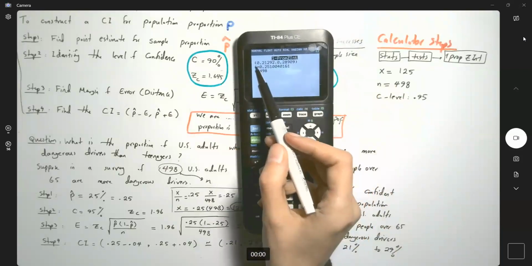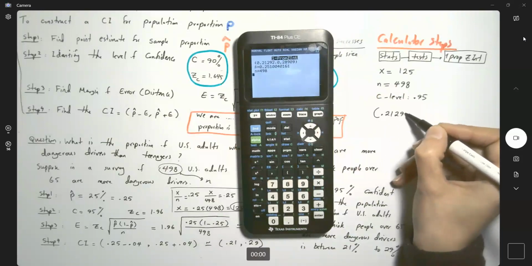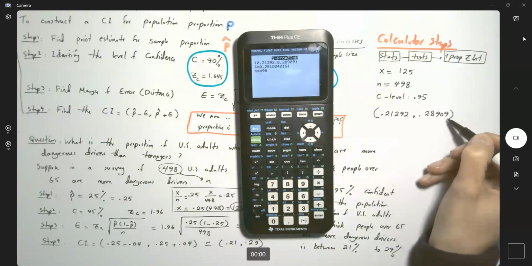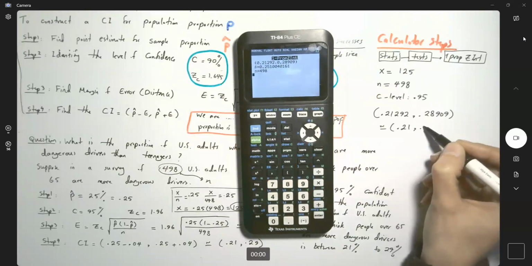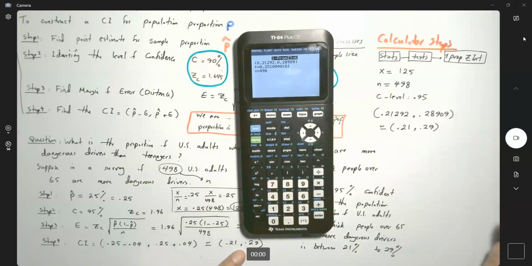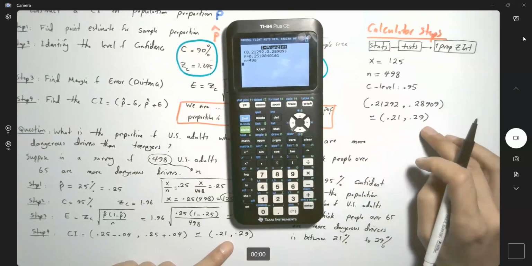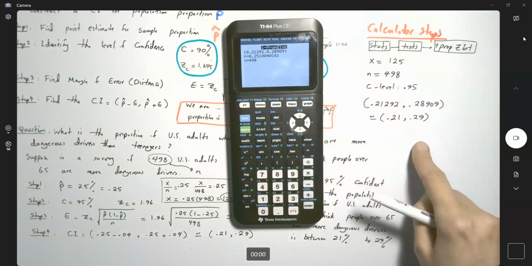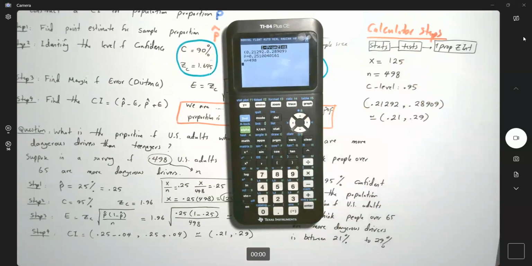It says, hey, your confidence interval is 0.21292, comma 0.28909, or approximately 0.21 and here you have 29. As you can see, the one that we calculated down here is very close to the calculation using a calculator. So you can always use your calculator to make sure that your computations are all correct.